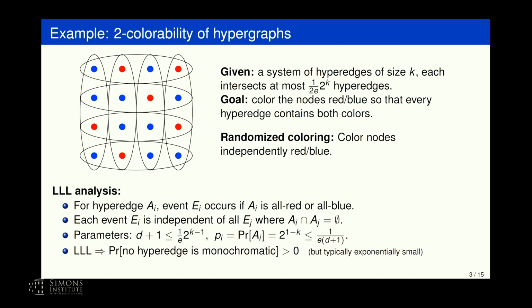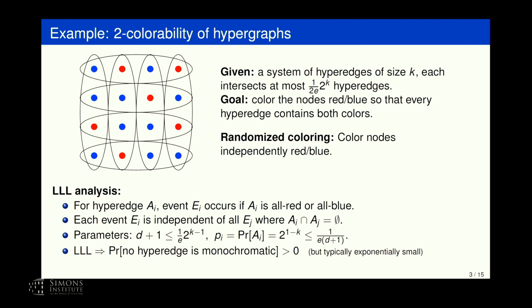Okay, and then we need to check the parameters of the local lemma. So because we assume that there's this restriction on the intersections, the d parameter on the previous slide, the number of events that an event is dependent on, is bounded, right? So we get this bound d plus 1 is at most 1 over e times 2 to the k minus 1.